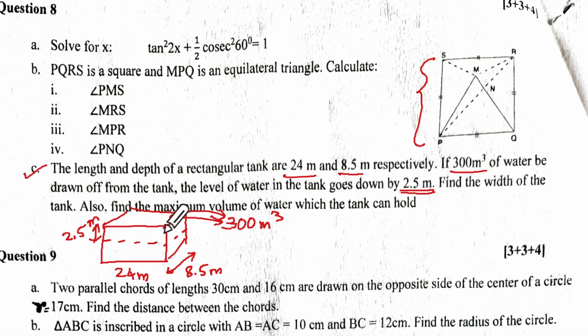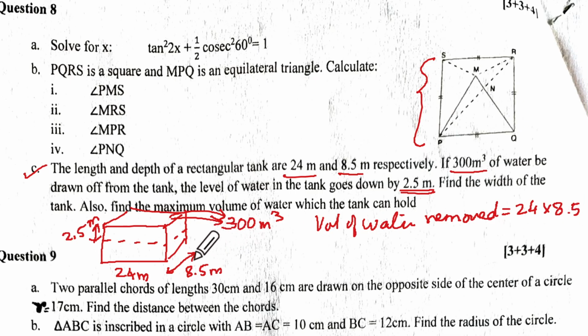Did you understand? Now what you'll say, volume of water removed is going to be equal to 24 into 8.5. No, what did they say? Find the width of the tank. Sorry, 8.5 is the depth. I made a mistake.